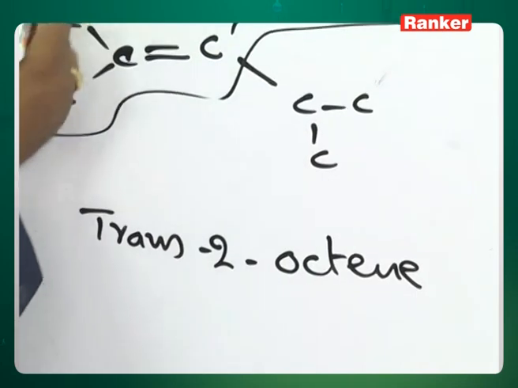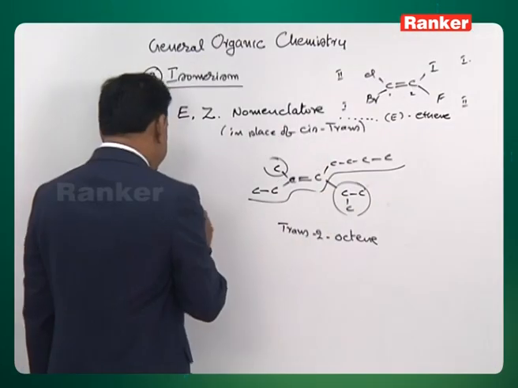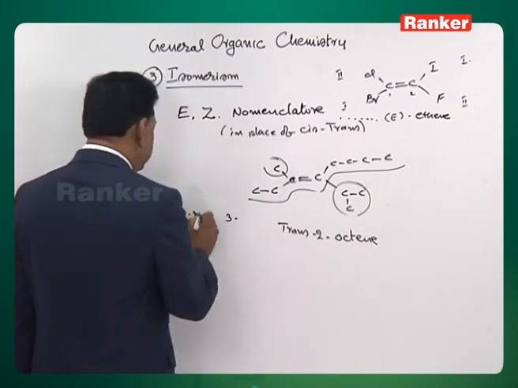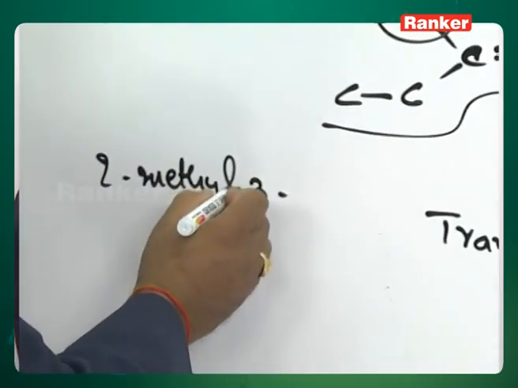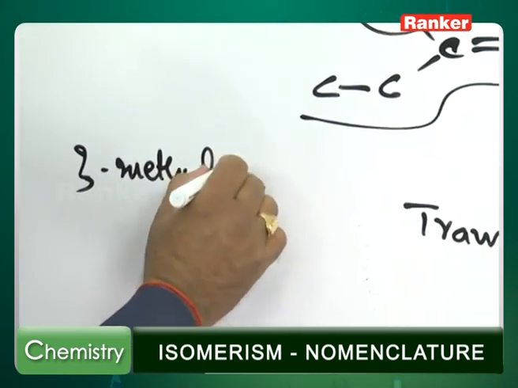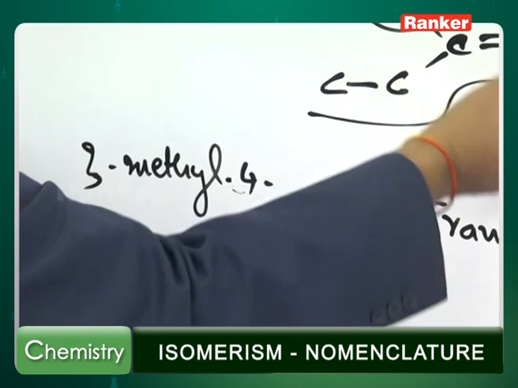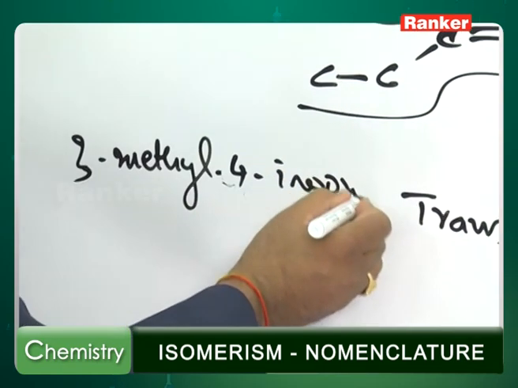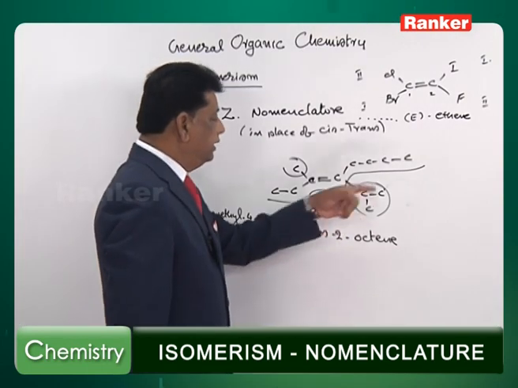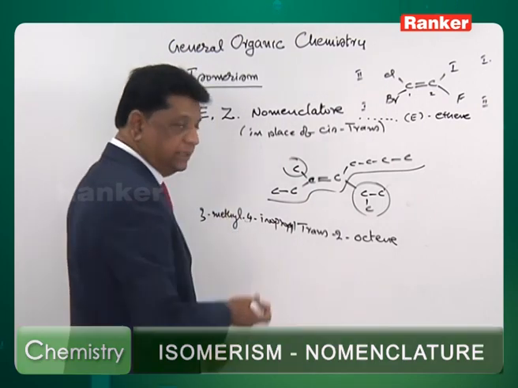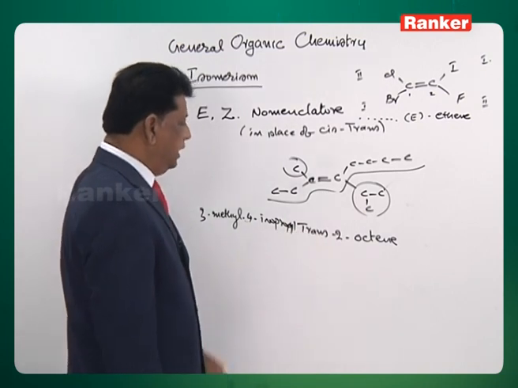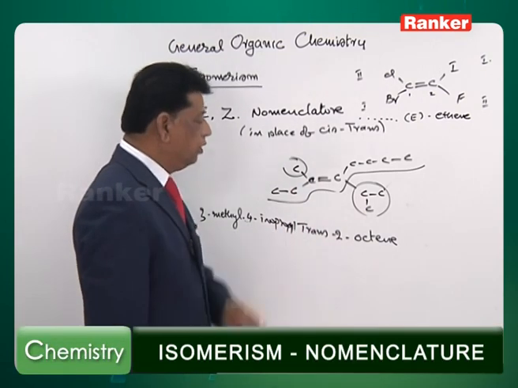These two groups are mentioned as methyl and isopropyl, at the third carbon methyl and at the fourth carbon isopropyl. If it is not allowed, you can say 1-methylethyl at the fourth carbon within brackets, branch within branch type. Say it is a trans-2-octene.